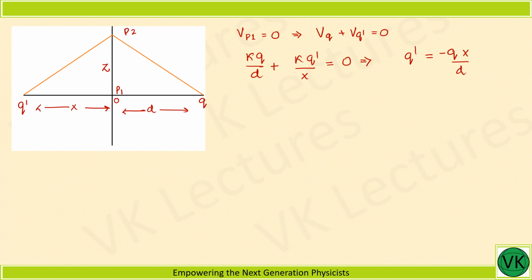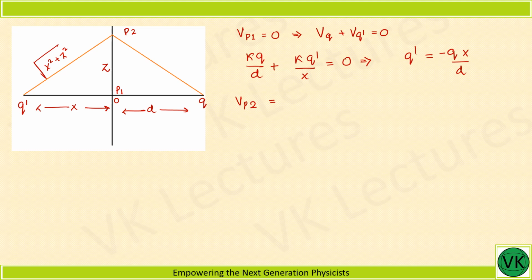Now here potential at P2 is also 0. That means potential at P2 due to Q and Q dash. So this X and Z, so this value will be equal to root of X square plus Z square.